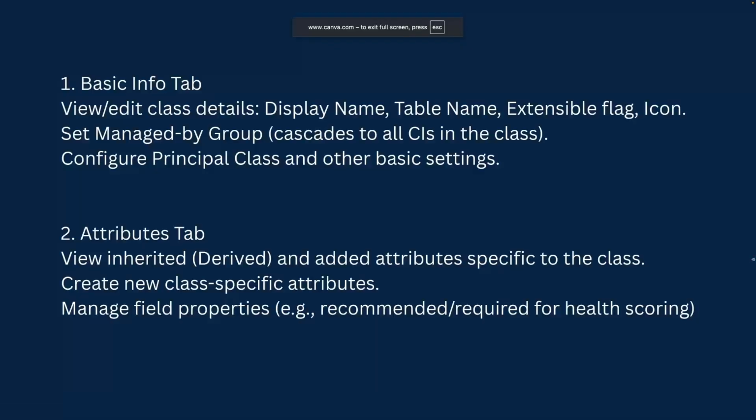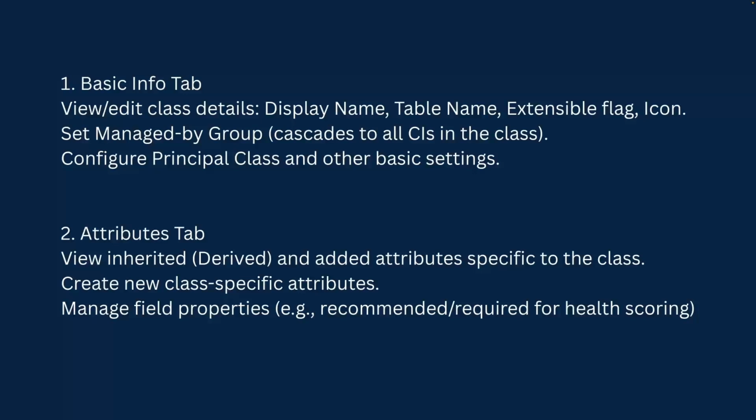The first tab that we see when we go to CI class manager is the basic info tab. The basic info tab provides provision to view and edit class details: display name, table name, extensible flag, icon, set managed by group, configure principal classes, and other basic settings.